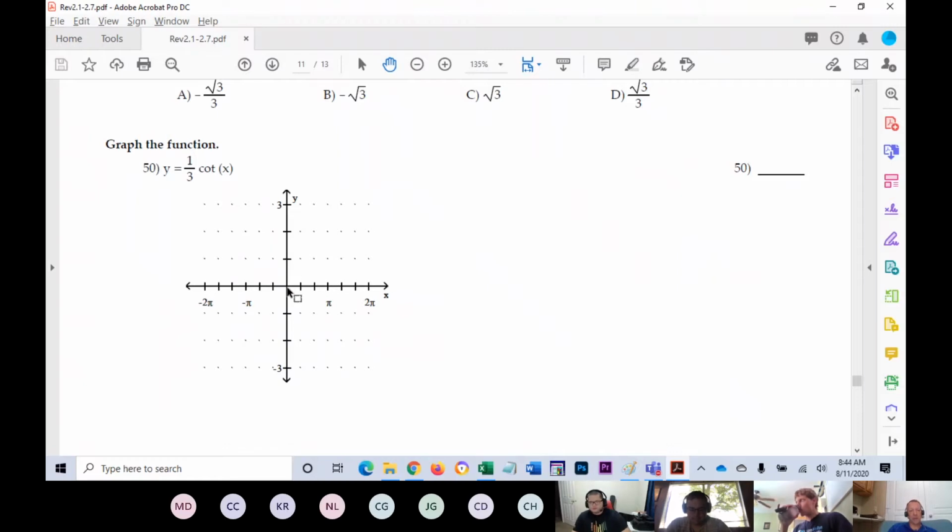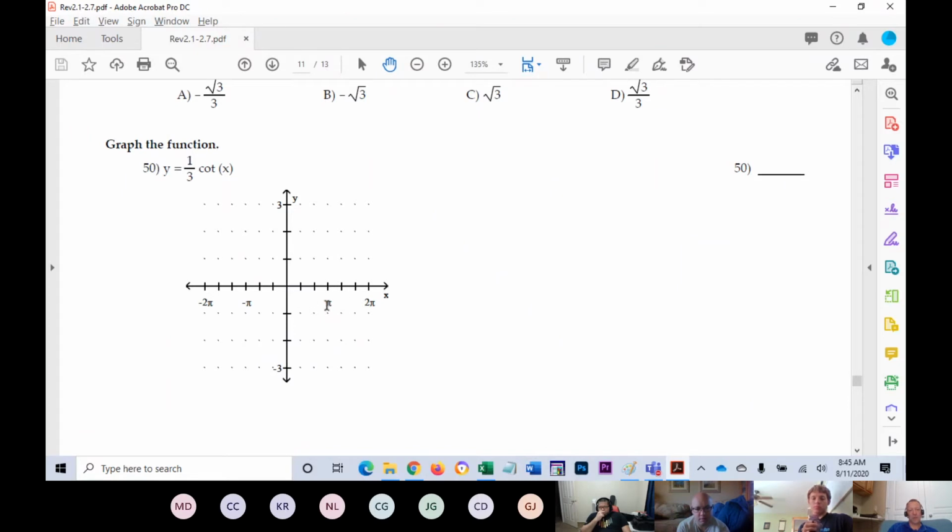Now the question is, does it start at 0 or does it start at pi halves? Or where do you put your asymptotes? You put them at pi and negative pi, right?